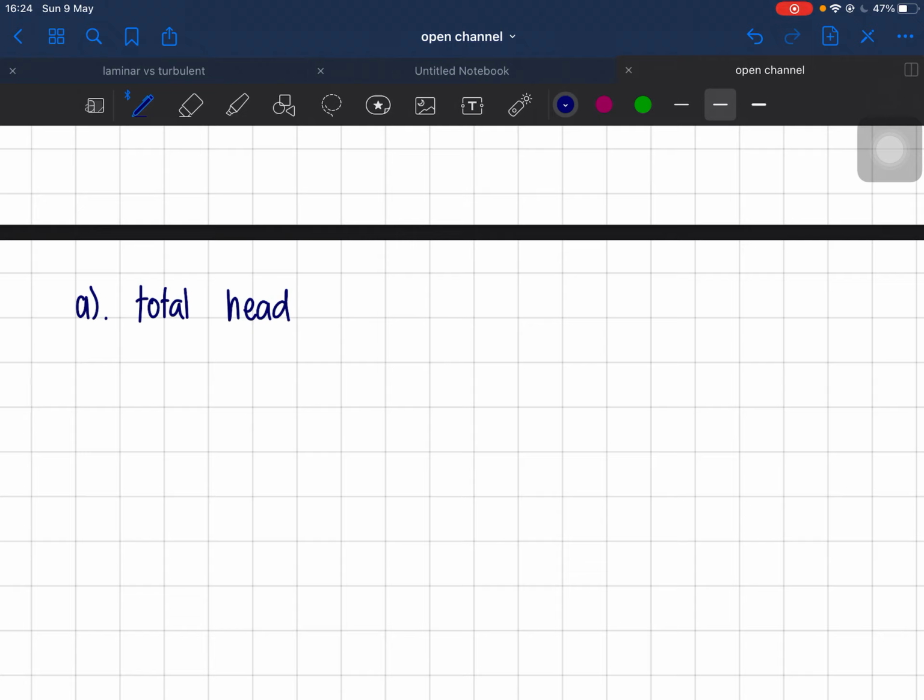Okay, so now we have CS1. It's just basically the same as the previous one because it's the sluice gate, the same. So same concept, same stuff, just we're asking for different parameters. H2 plus U2 squared over 2g.